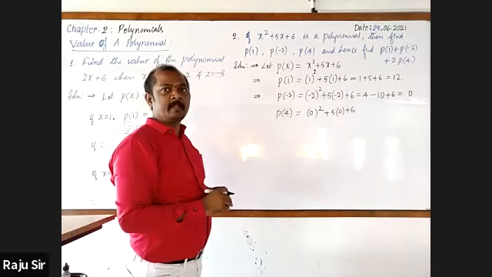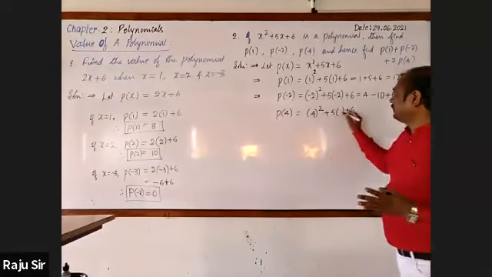Is it correct? No, sir. Then what do we have to substitute? 4. Here, 4 whole square. In P of minus 2, the answer was 0, minus 10 plus 10.